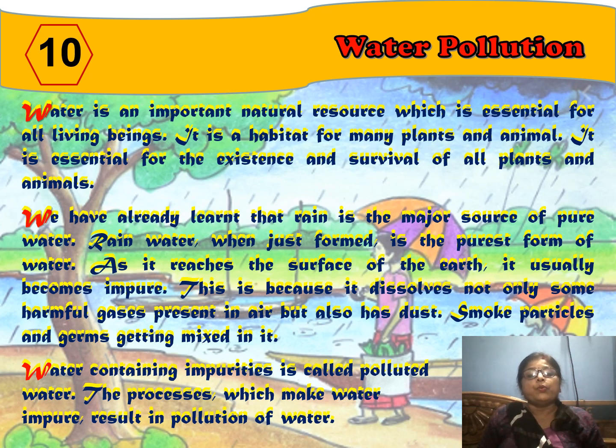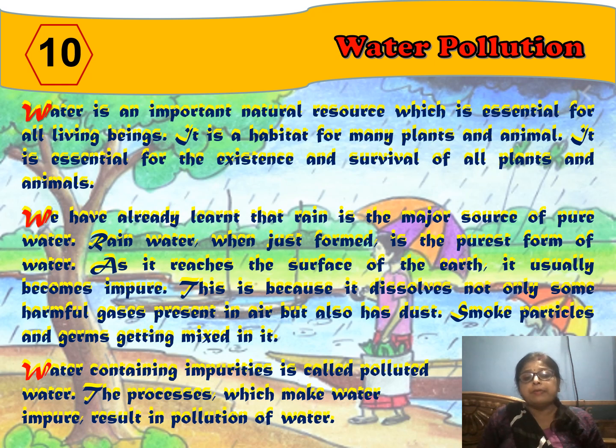As you know, water is an important natural resource which is essential for all living beings. Earlier I have discussed the importance of water, and it is a natural resource. It means it is not man-made. Already it was present on the earth.